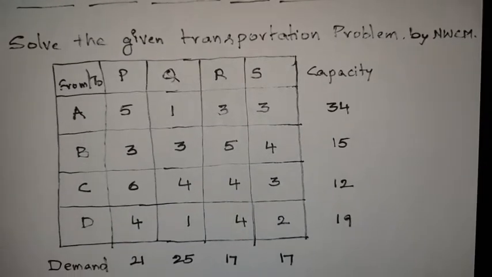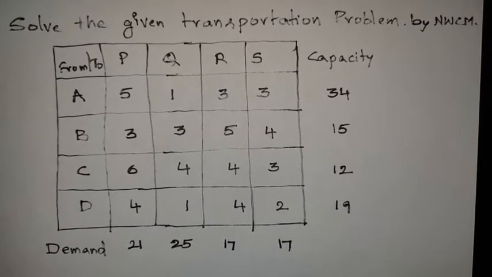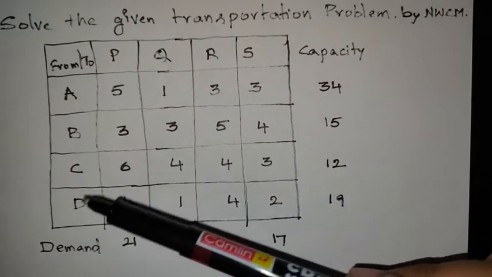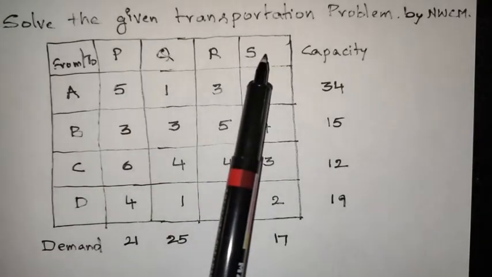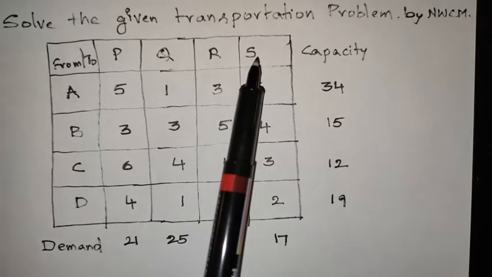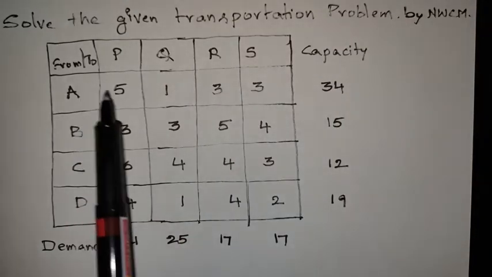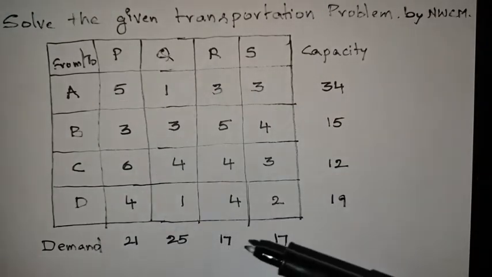So here the problem is: solve the given transportation problem by NWCM. NWCM means northwest corner cell method. This one is the problem. Here the from locations are given: A, B, C, D, and the two locations are also given: P, Q, R and S. The capacity of the from locations and the demand at the two locations are also given to us.